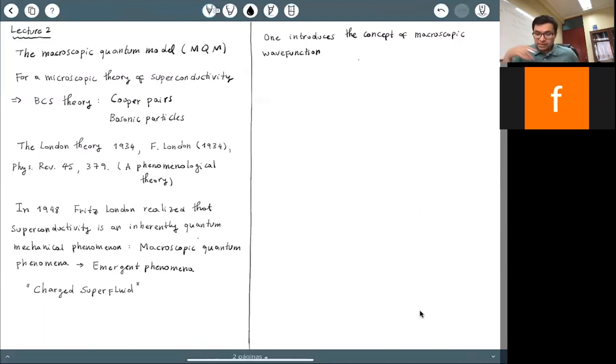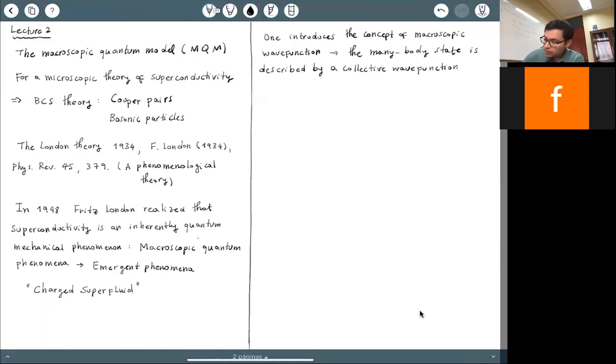The assumption that we have here is that the many-body state, so we have many particles, of course, we have many Cooper pairs, the many-body state here is described by a collective wave function.